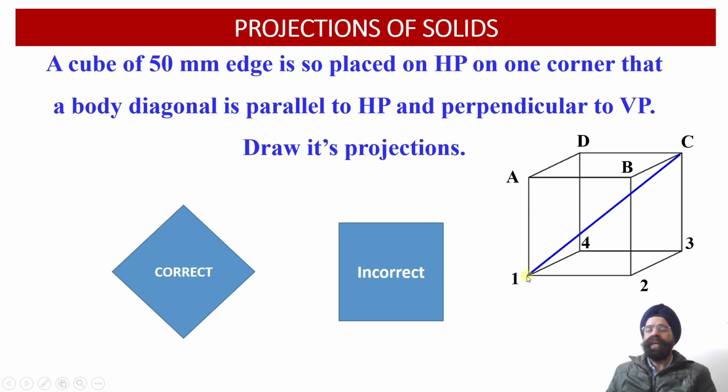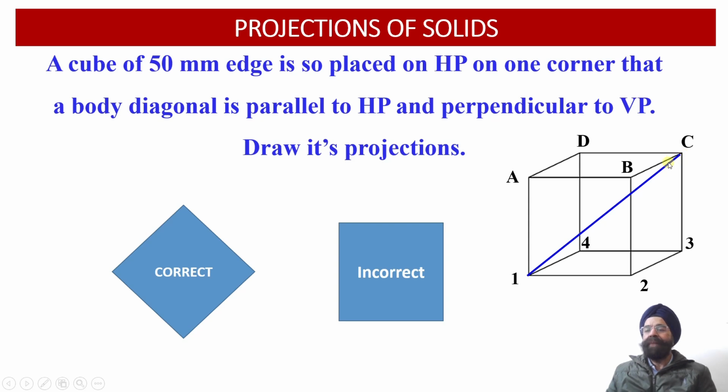So this way the body diagonal is basically joining one corner of the base and the opposite corner of the top face. This is the longest diagonal which is available in the case of a cube.